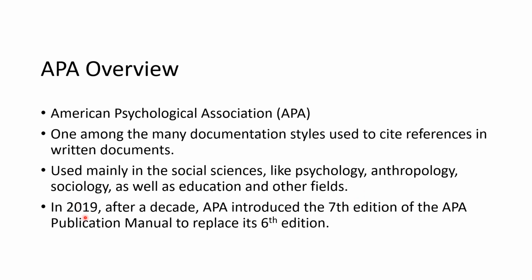In 2019, after a decade, APA introduced the 7th edition of the publication manual to replace its 6th edition. And of course, if there is a revision, certain changes are evident. In this lecture, I will be presenting some of those obvious differences.